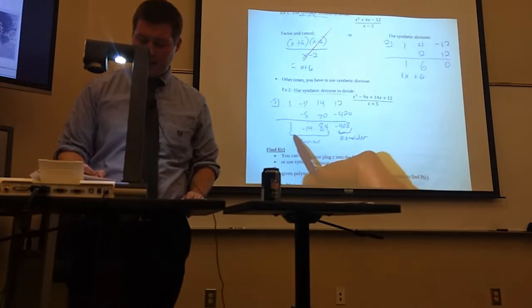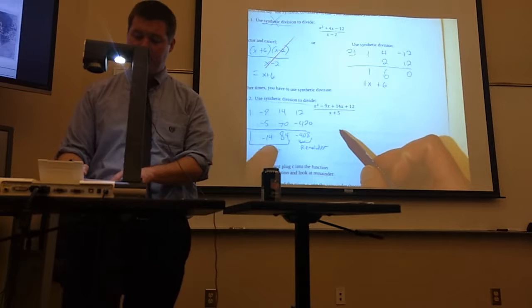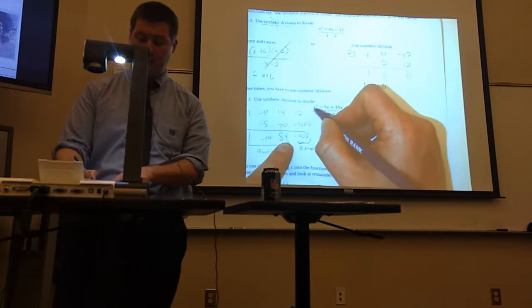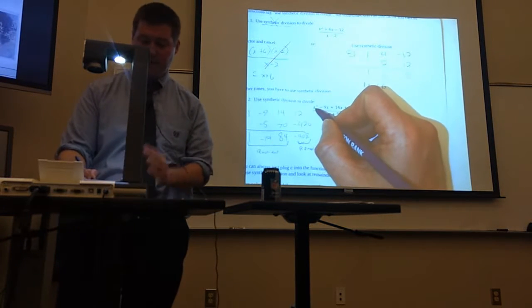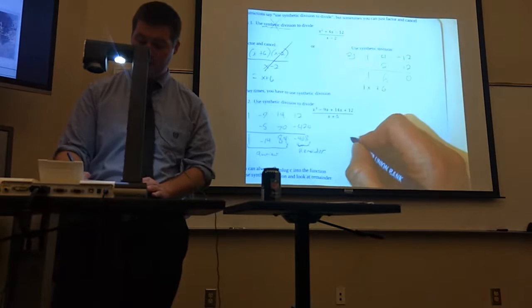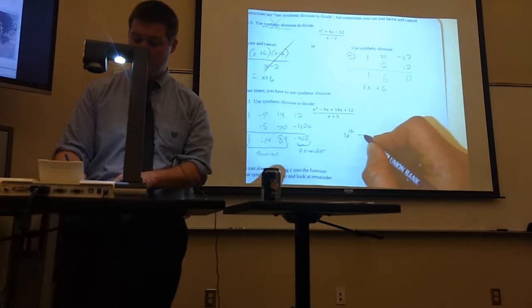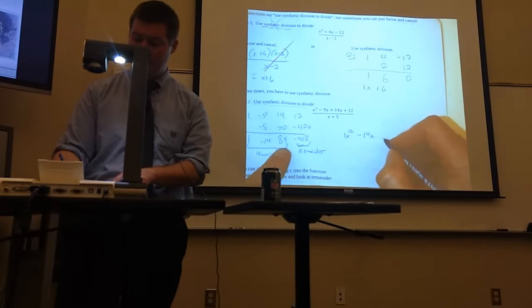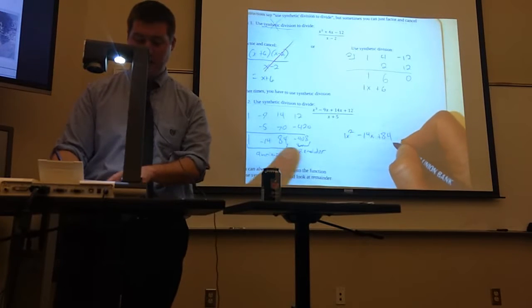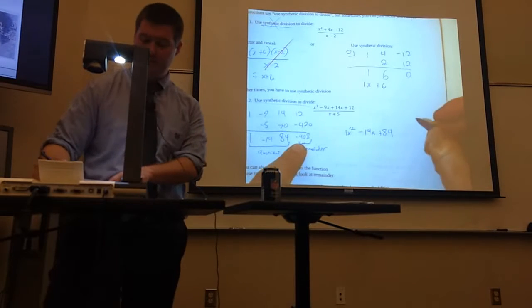Okay, so the quotient, again, we've got these new coefficients. For a polynomial that's 1 less than this, instead of x cubed, it's going to be x squared. So we've got 1x squared minus 14x plus 84. And y'all remember how you write the remainder for this?